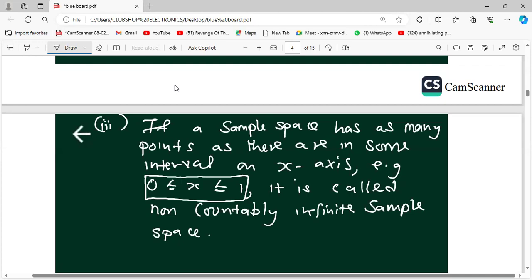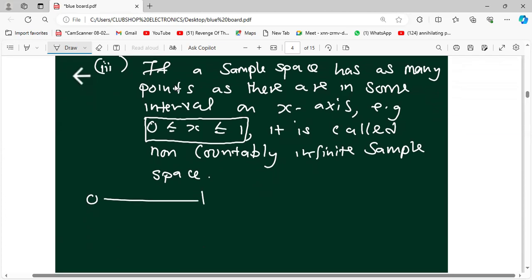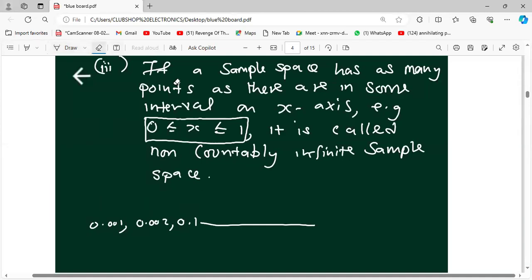From 0 to 1, there are so many values. You can have 1, 0.002, 0.1, it takes many values. So that is called a non-countably infinite sample space on an interval.